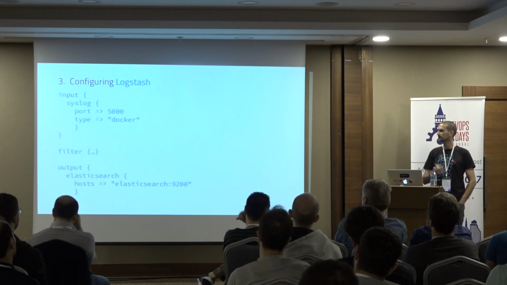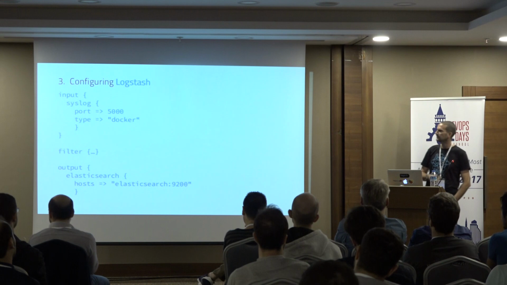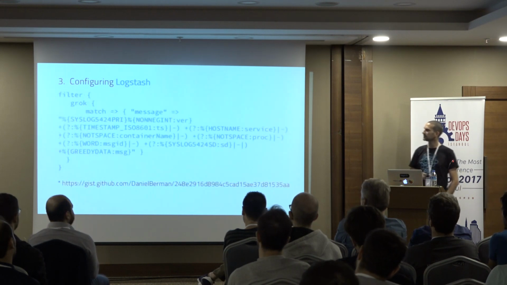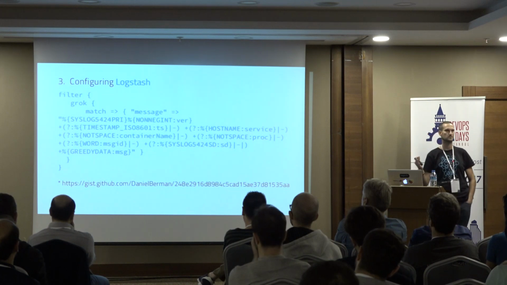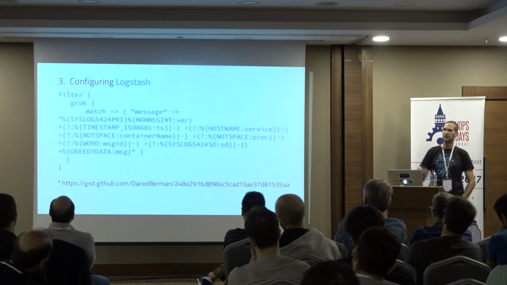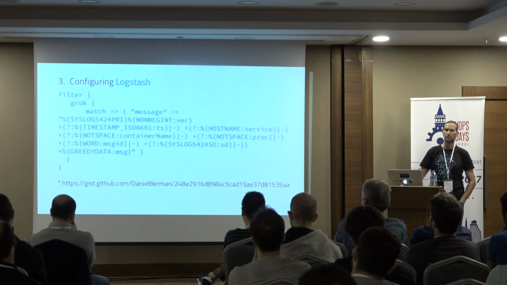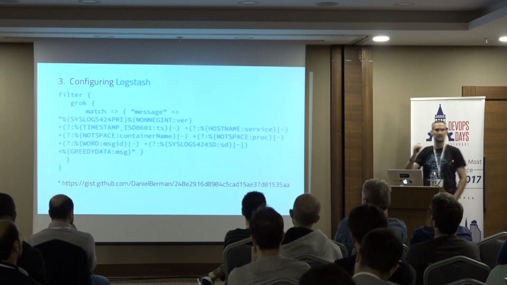The third section is where you're pushing the logs to, in this case, the Elasticsearch container. And in the middle section, the filter section, this is where Logstash's magic happens. All right, this is where you really massage the data. This is where you parse it. You define what fields you want to lose, what fields you want to add, how you want to map the different fields in your log.